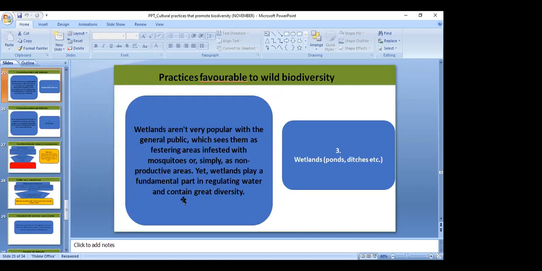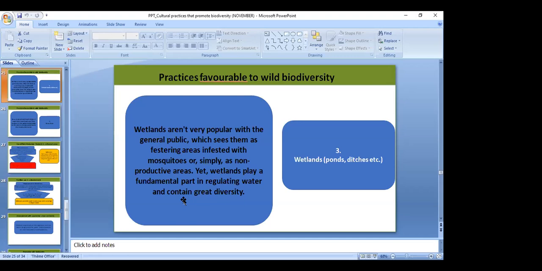So the other one is wet ponds, which we have as ponds or dishes. And I rightly mentioned that some of us are fortunate enough to have wet areas on our farm, maybe down the stream or upstream. We are just fortunate to have it, and some of us are not fortunate. But what is common in this setting is that we have some of these ponds dammed.